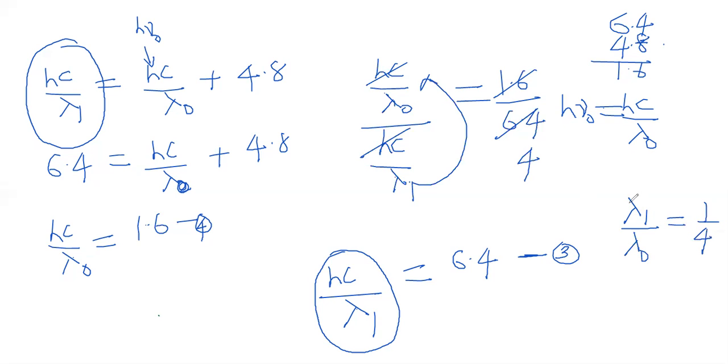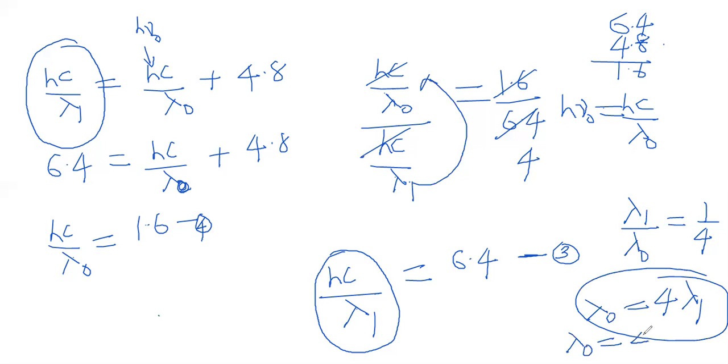What do I need, lambda 1 or lambda naught? Lambda naught is equal to 4 lambda 1, which they gave us. So the final answer is lambda naught equal to 4 lambda 1, the B option.